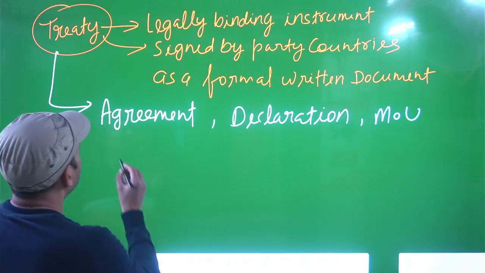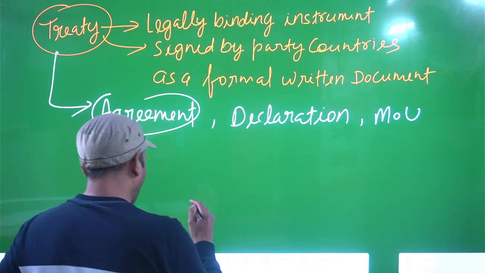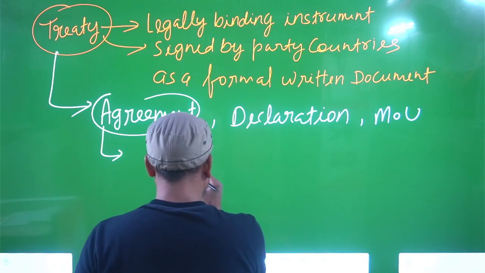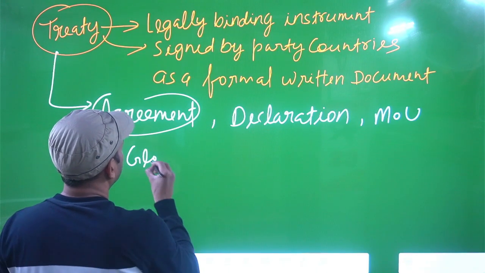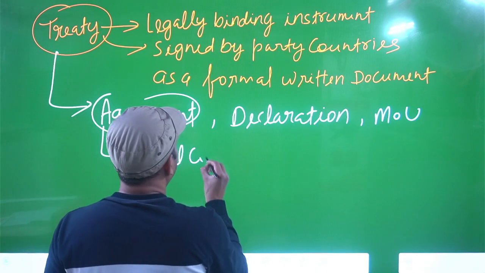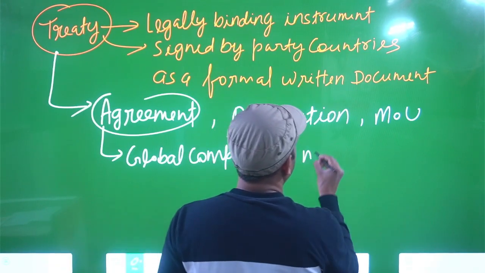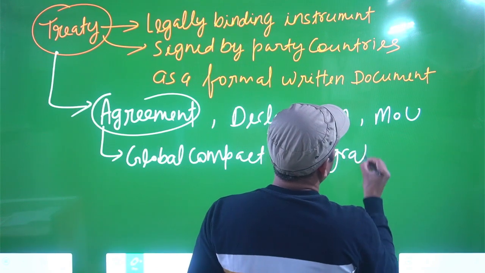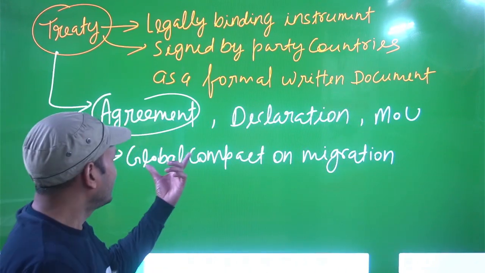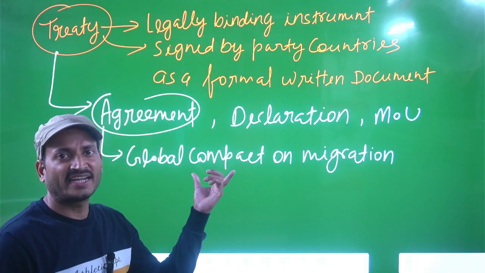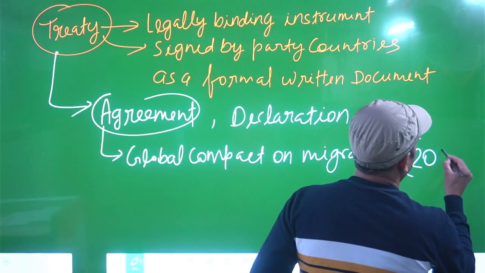For example, when we talk about agreement, we can take the example of Global Compact on Migration. This is an international agreement led by United Nations and reached in 2018.